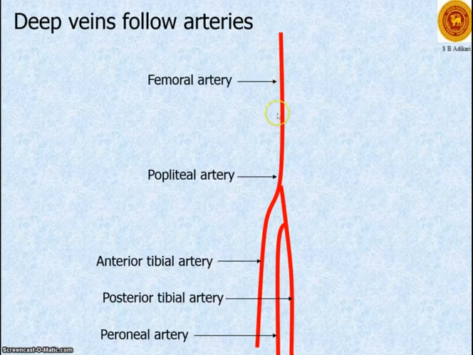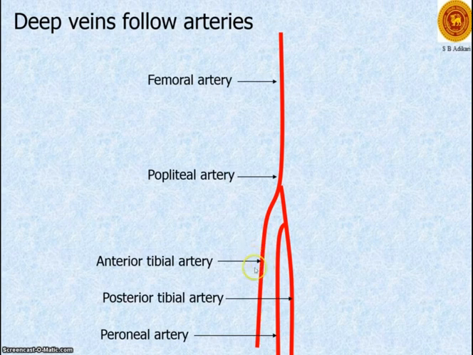Now the femoral artery becomes the popliteal artery at the adductor hiatus, and the popliteal artery extends from the adductor hiatus to the soleal arch. At the soleal arch, the popliteal artery divides into an anterior tibial artery and a posterior tibial artery. The posterior tibial artery gives a branch which is called the peroneal artery.